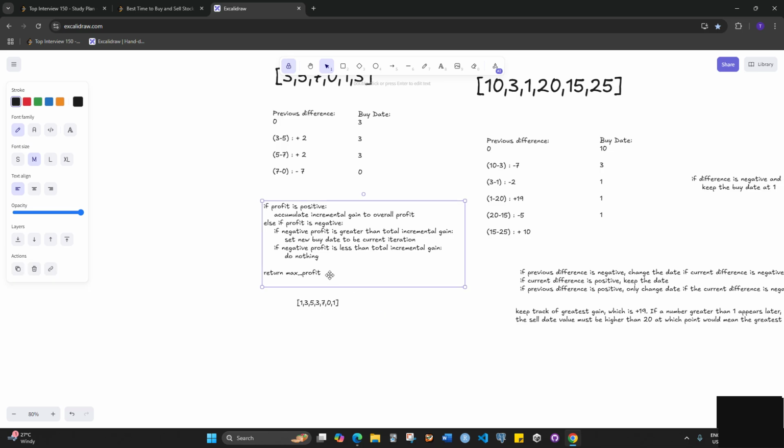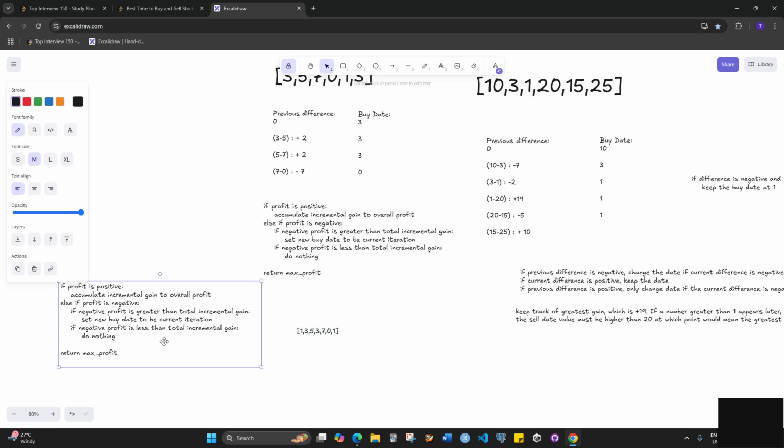Okay, so I guess let's try and perfect this formula, this algorithm a bit.